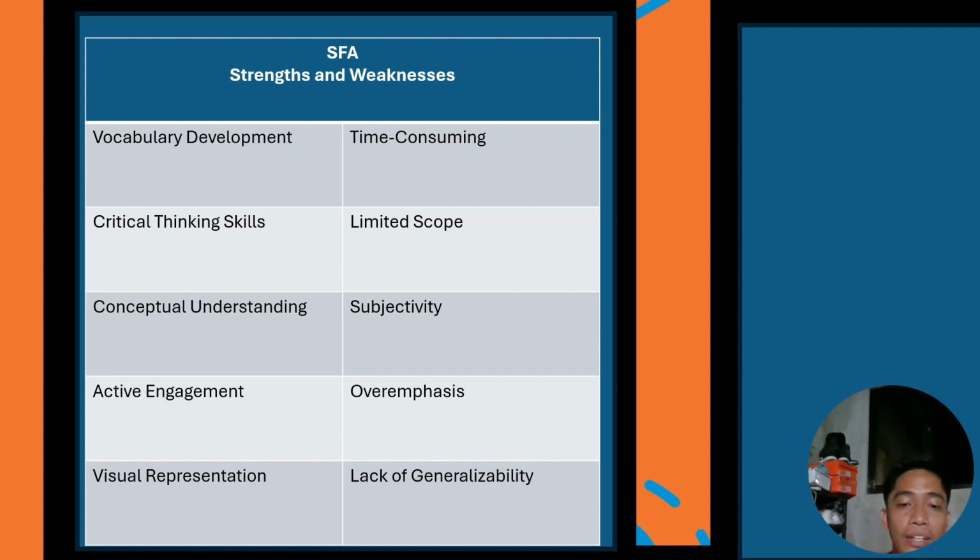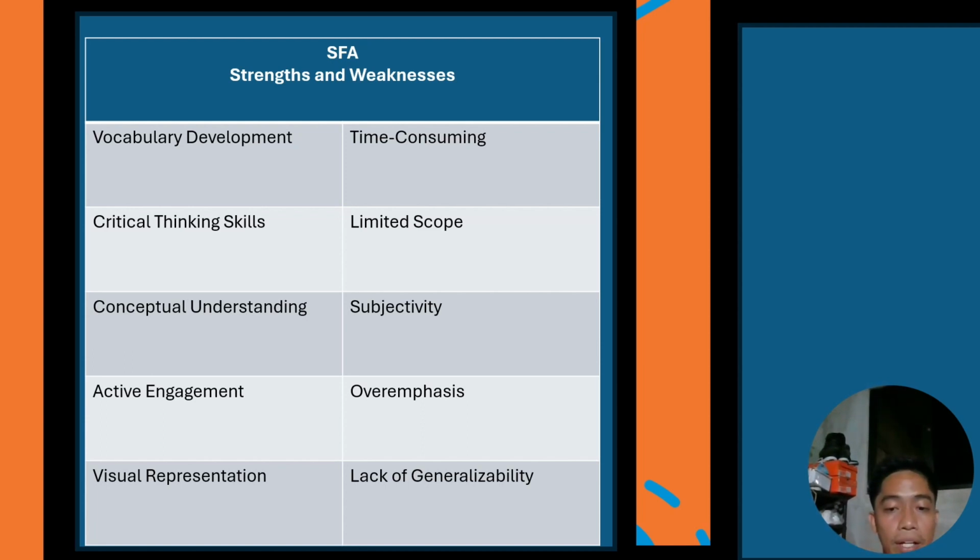And then the next one is limited scope, because it focuses primarily on the analysis of the characteristics or features of vocabulary words. It may not address other aspects of word knowledge, such as word usage in context or word formation.